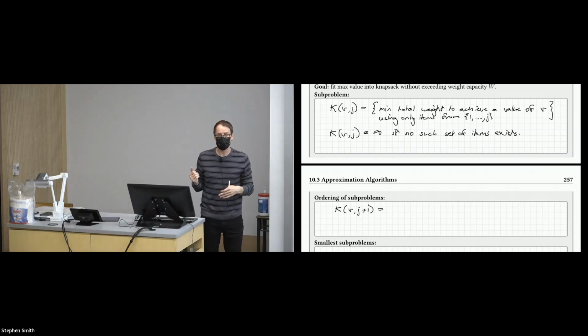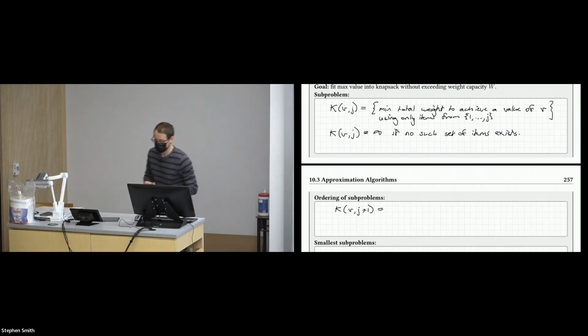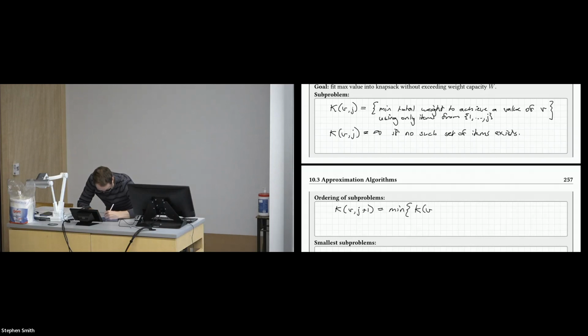Either I don't use item j plus 1 in my minimum weight solution for this problem, in which case it's just K(V, j), or I do use it, in which case I have this subproblem, which is what's the minimum weight.